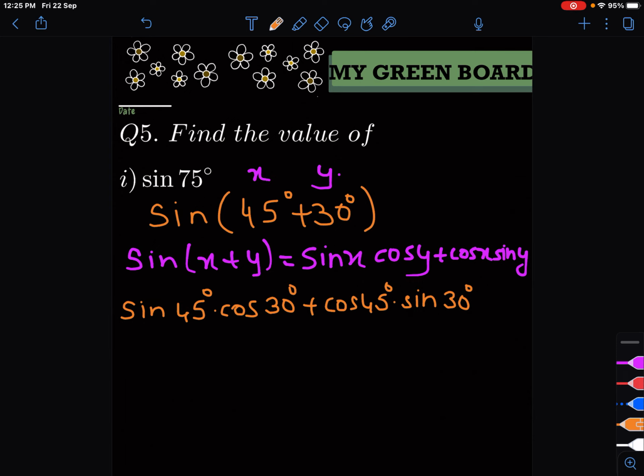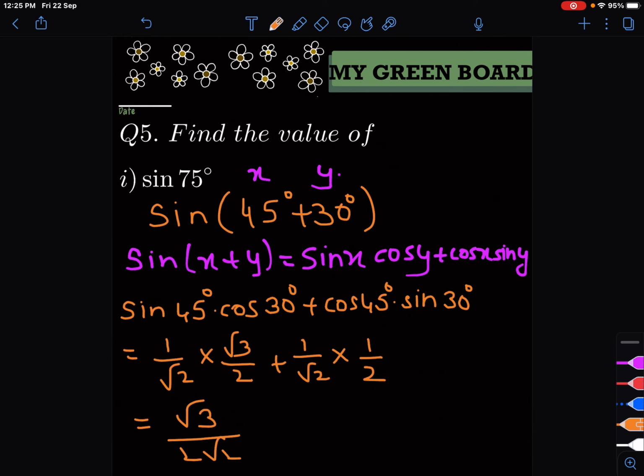Got it? Now we know the value of sine 45 is 1 by root 2 and the value of cos 30 is root 3 by 2. Now again the value of cos 45 is 1 by root 2 and the value of sine 30 is 1 by 2.